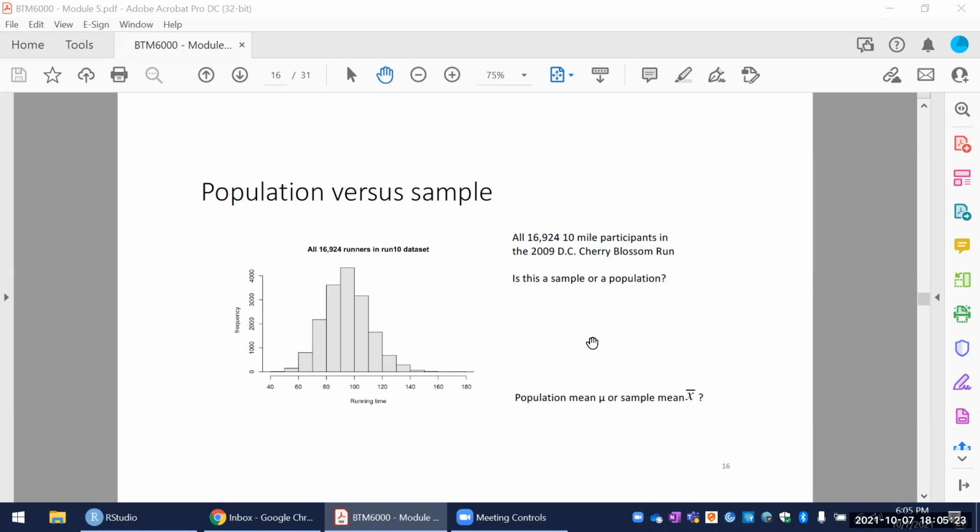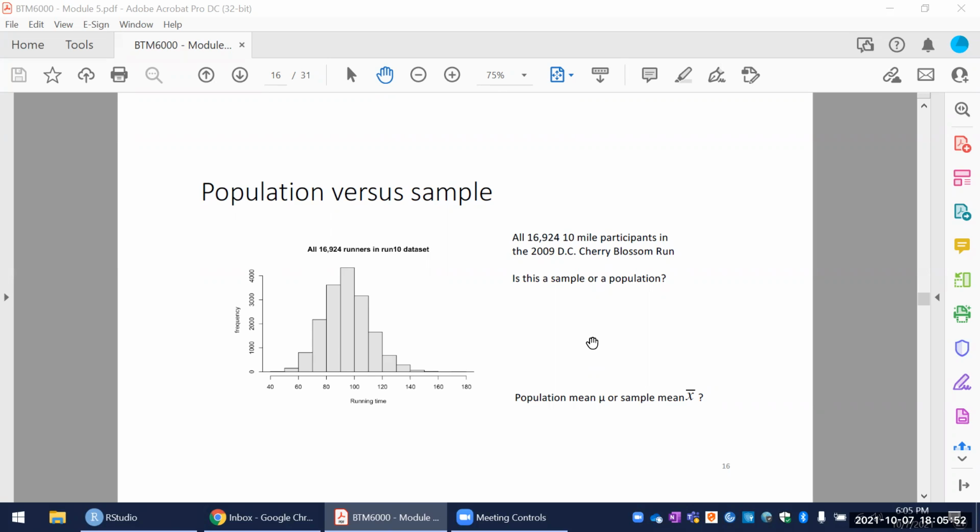Population versus sample is depicted here with participants in the Cherry Blossom Run from 2009. You have 16,924 runners that competed in this race. Is this considered a sample or a population? Do we employ a population mean or a sample mean X bar?